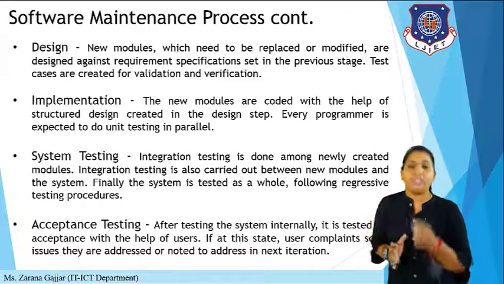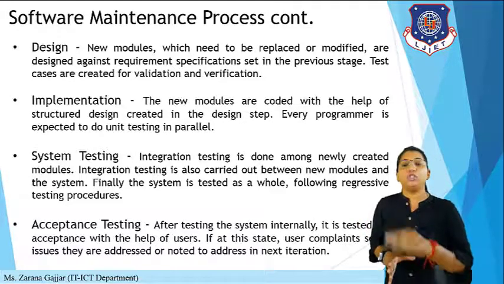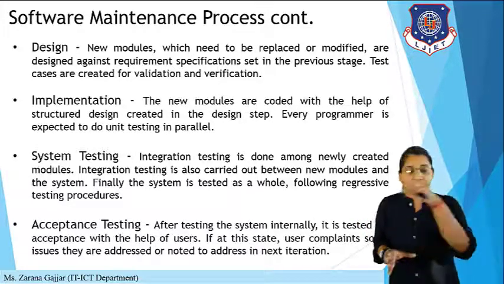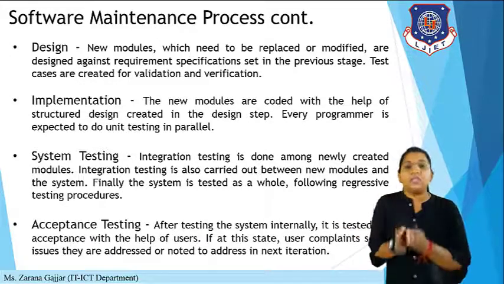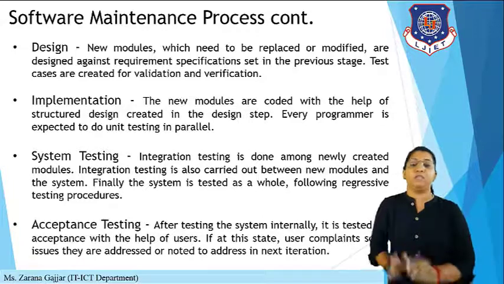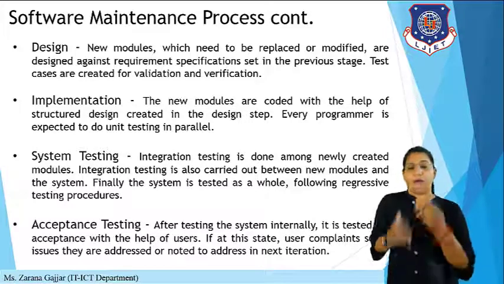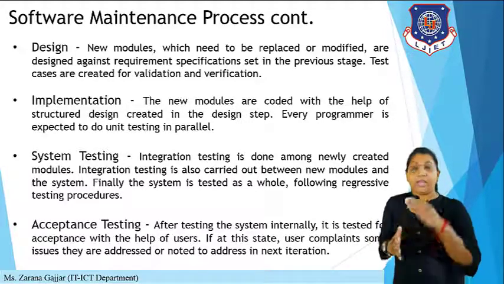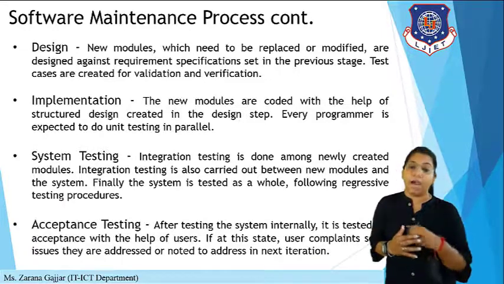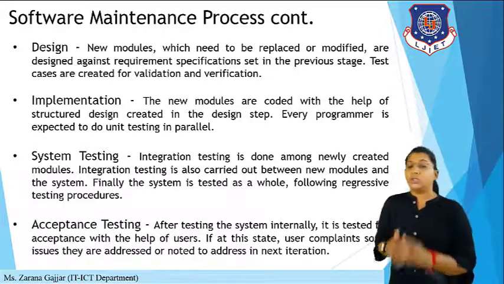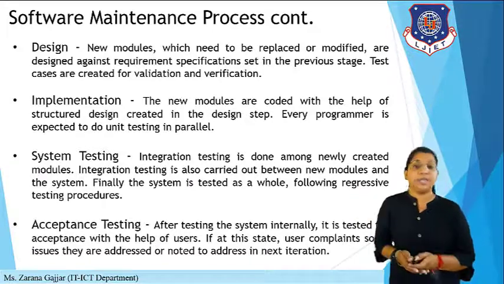If any issues occur, he or she will complain about them, and in the next iteration they will be resolved. So your system will be at the acceptance phase by the user. If I have developed any software, acceptance testing means that at the client side they are accepting my software product. So this is the acceptance testing phase.